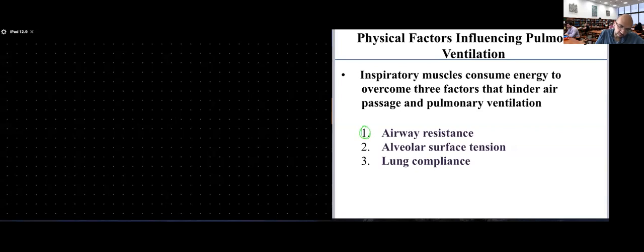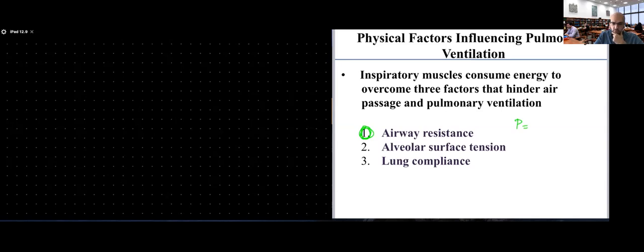First one is going to be your airway resistance. If you remember, when we discussed the relationship between pressure and resistance, when did we discuss it? In the vessels, right?